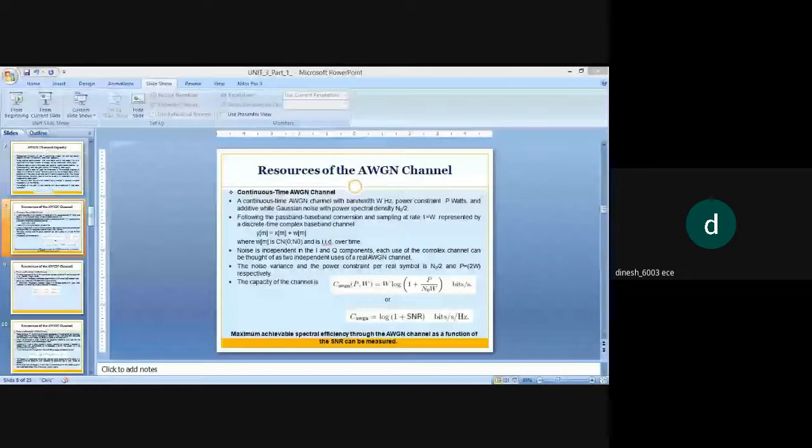The converse theorem shows that any code with a rate greater than the channel capacity will have a probability of error moving away from zero.